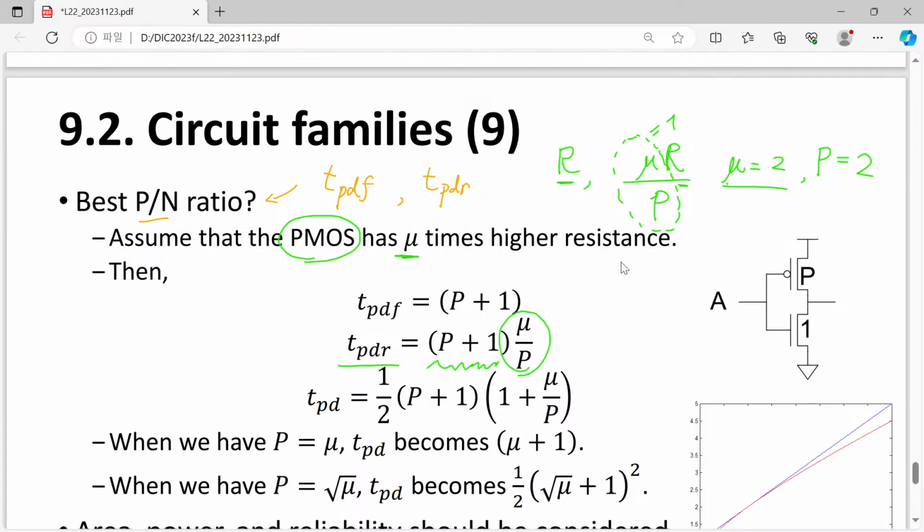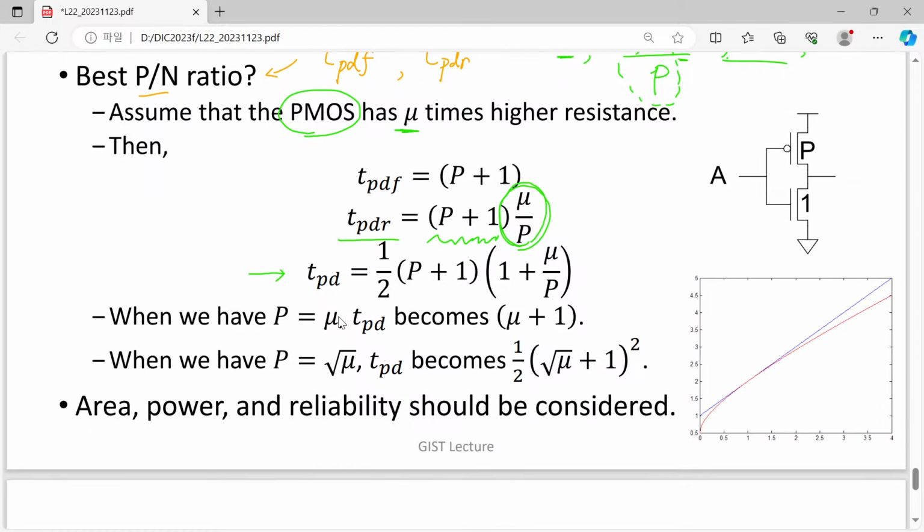Resistance is not just 1, but it is given by the ratio between mu and P. Yes, this is given here. And we can just make a certain average. So simply the arithmetic average, then you get this value.